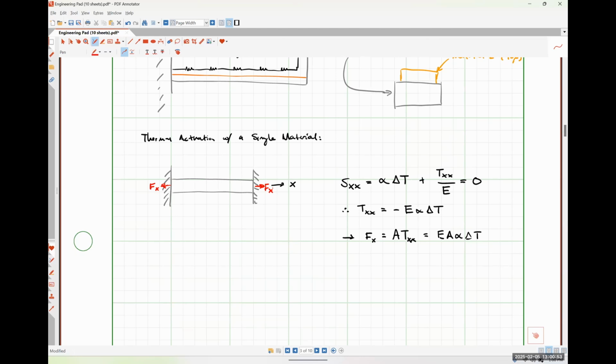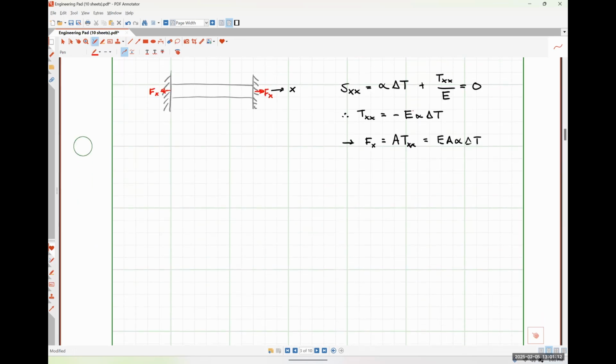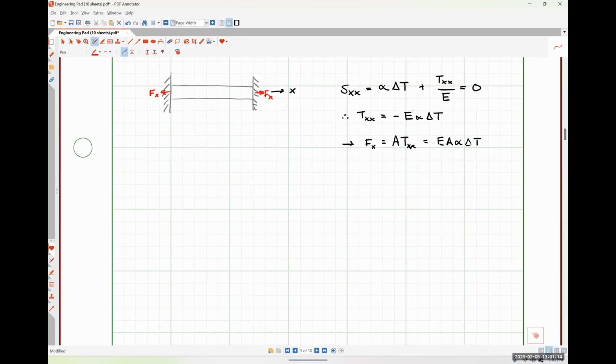So let's talk about now how we might exploit the system's geometry to actually get some reasonable output out of this thing, right? Because what benefit is it to us to be able to push on two walls that are surrounding us? We are not going to move them. So let's talk about how we can do something with it. So what if I had, instead of a straight beam, a chevron shape?